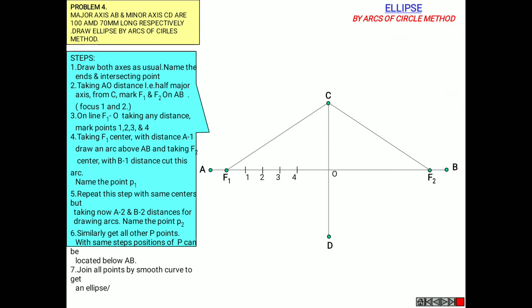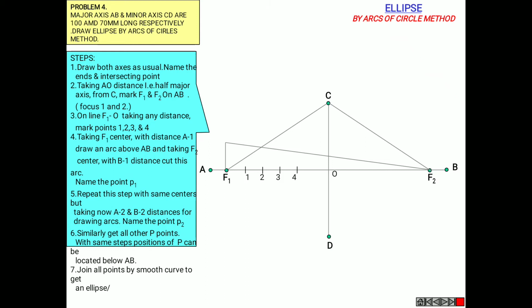So this F1 line and F2 line intersect somewhere, there you mark P1. So similarly follow the steps from A to 2 with F1 as center and B to 2 with F2 as center, and mark all those intersections as P1, P2, P3 and P4. We'll see the procedure.